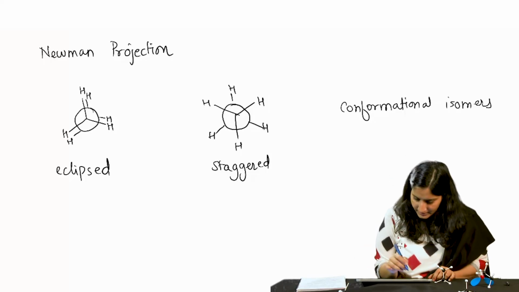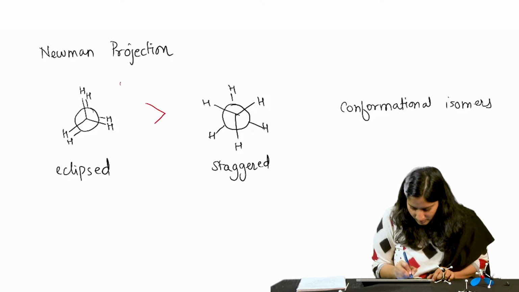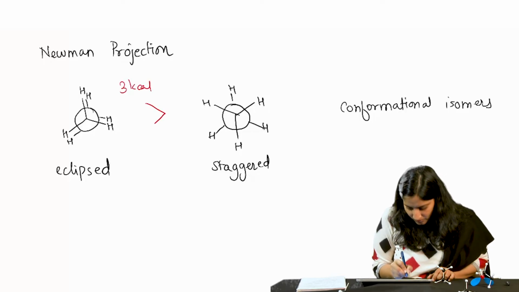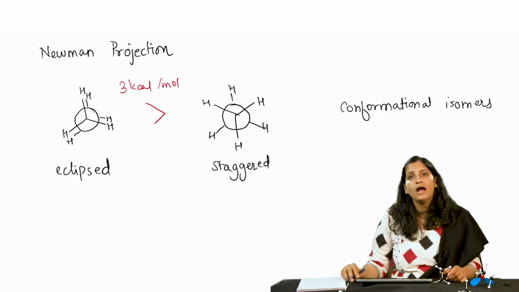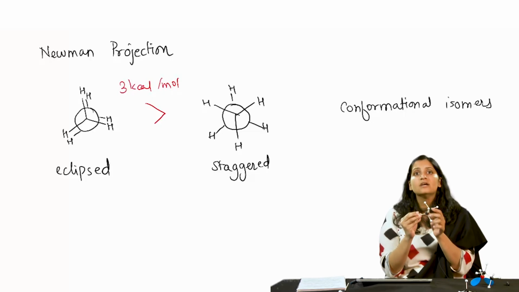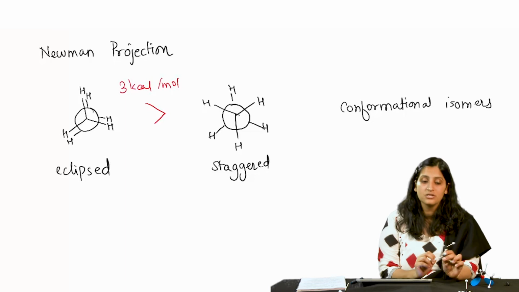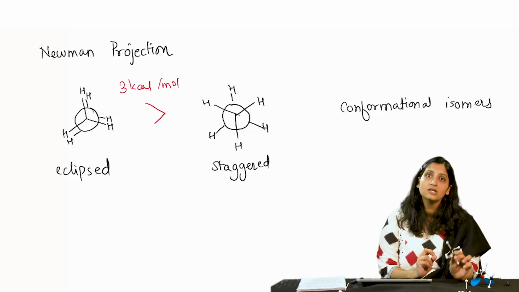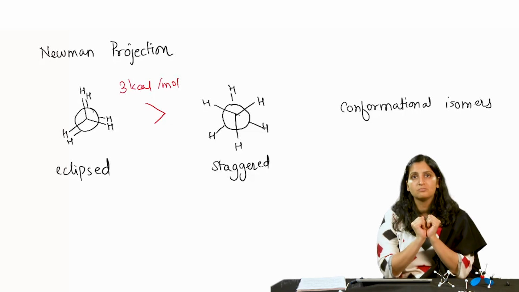I will write that this eclipsed one is around 3 kilocalories per mole more than the staggered form, and this particular strain or energy is also called torsional strain. So, what the eclipsed conformation is undergoing is a torsional strain because of the eclipsing of the carbon hydrogen bonds.